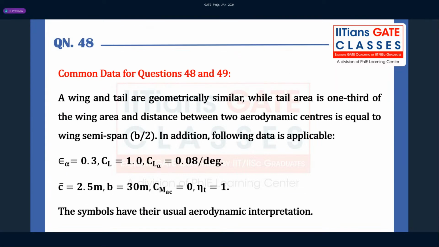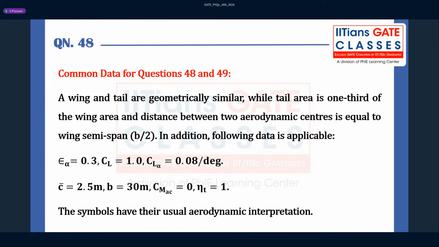These are the last two questions for today's session. So we have common data linked questions. A wing and a tail are geometrically similar, while tail area is one third of the wing area, and the distance between the two aerodynamic centers is equal to the wing semispan, which is b by 2. In addition, the following data is applicable. Epsilon alpha, d epsilon by d alpha, is 0.3.